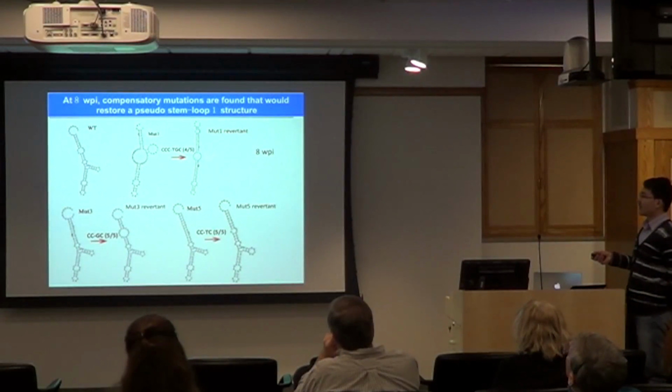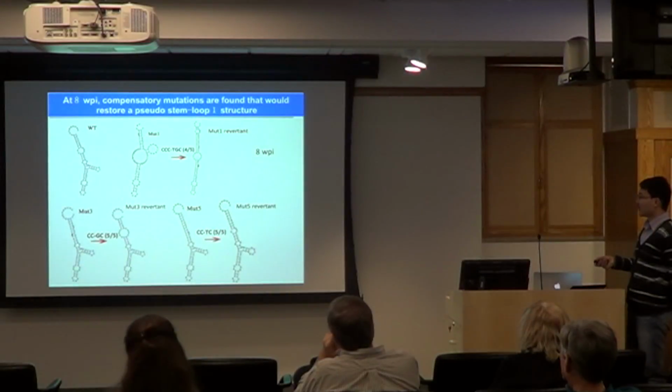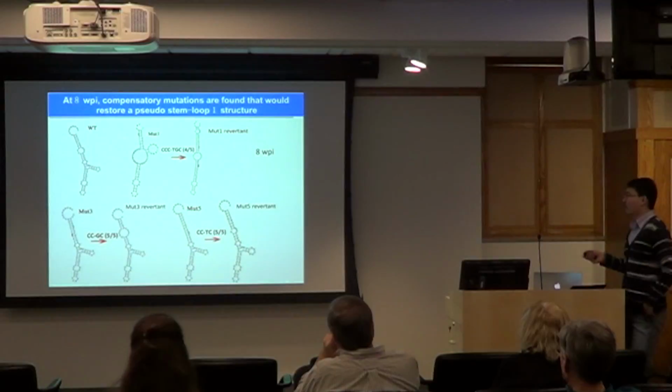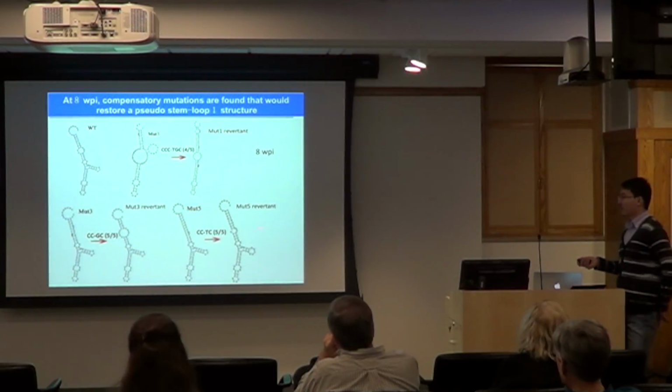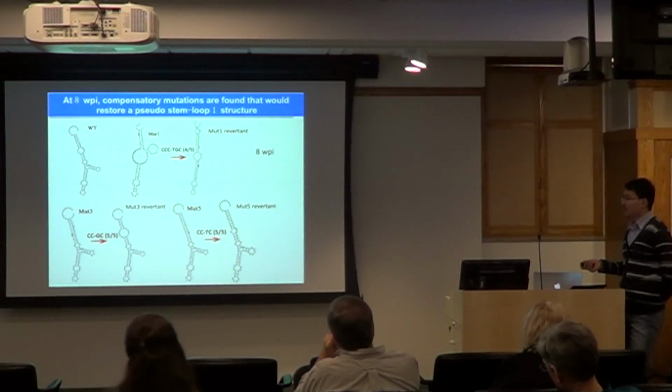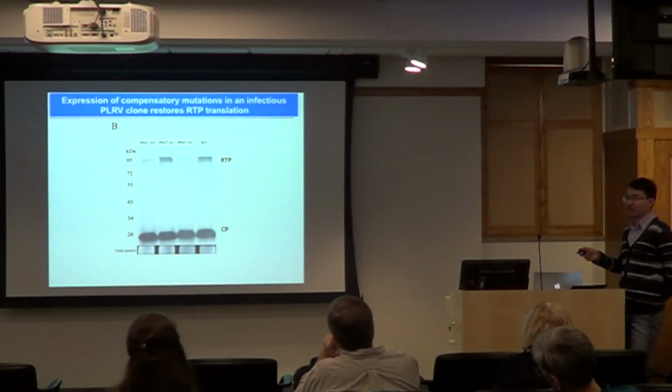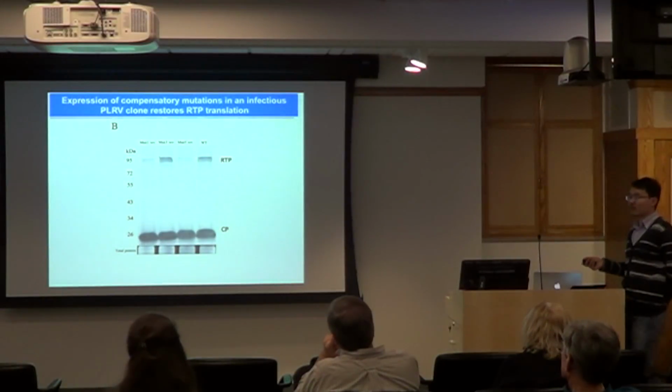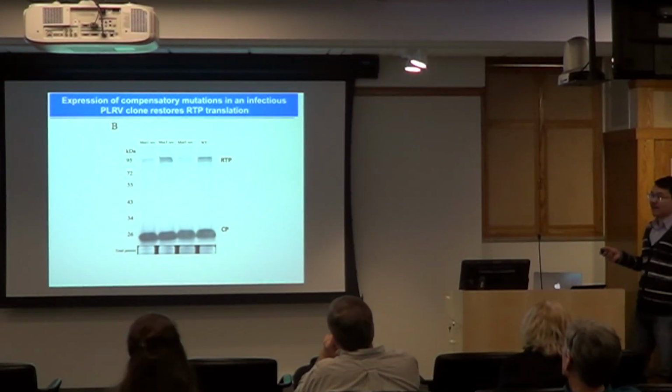Although the W structure is a little different from the wild type, as shown in this figure, this restores the W1 structure. So to see whether this sequence is working, whether it restores the readthrough translation, we made this mutation into the retrovirus infection clone and infiltrated it into benthamiana leaf and then detected the RTP translation.